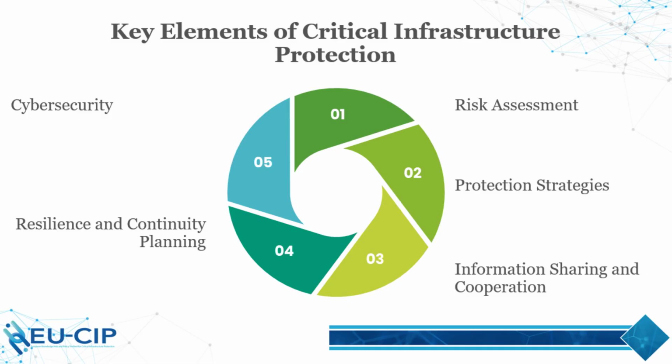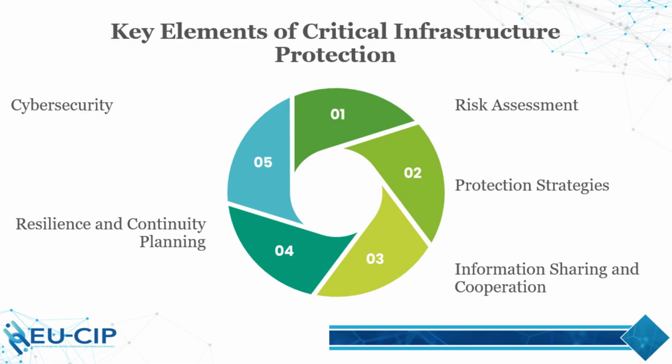Ensuring the resilience of critical infrastructure requires collaboration among different stakeholders, including government agencies, infrastructure operators, and private organizations. Sharing information, best practices, and lessons learned can help improve overall preparedness and response capabilities. D. Resilience and continuity planning.